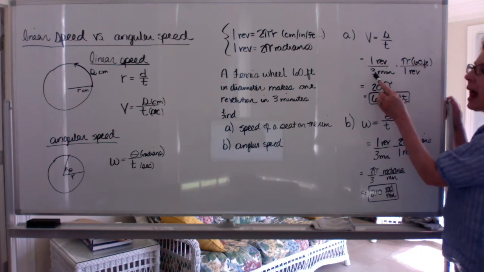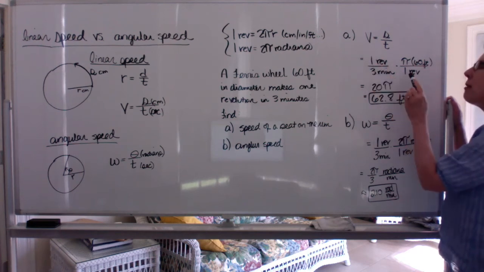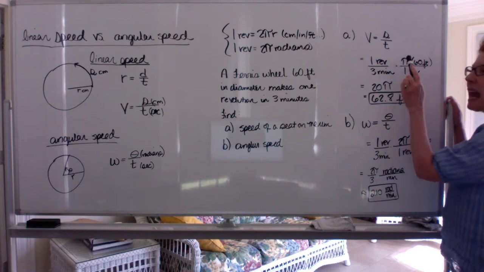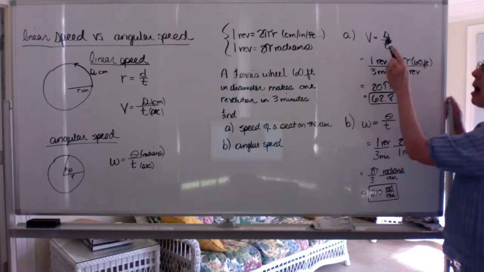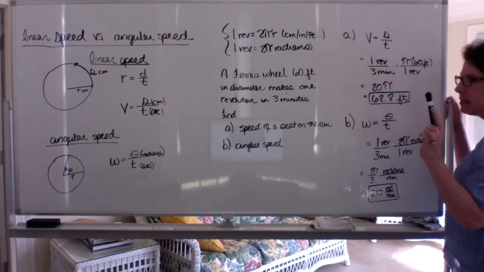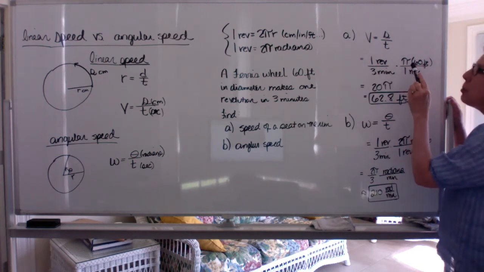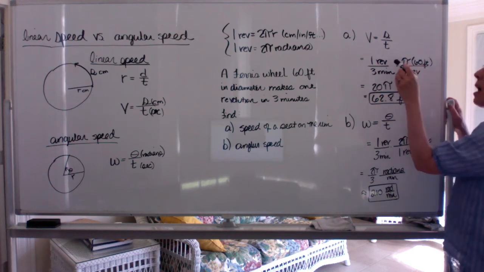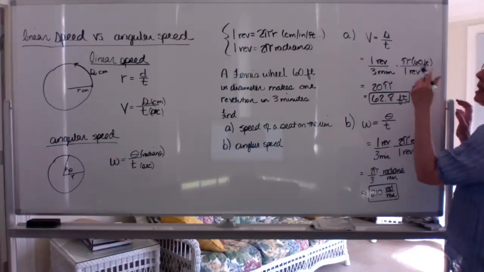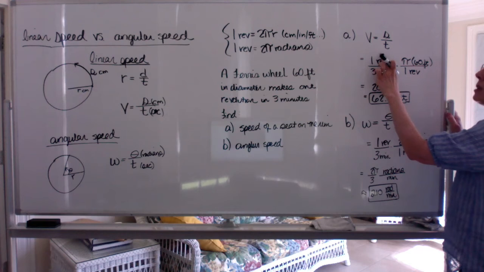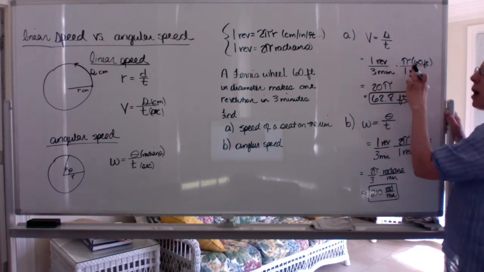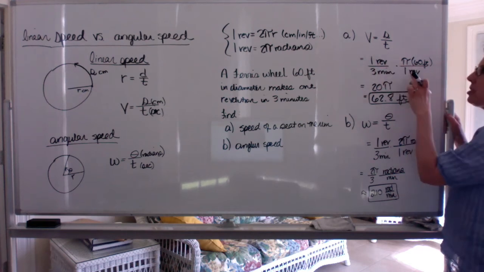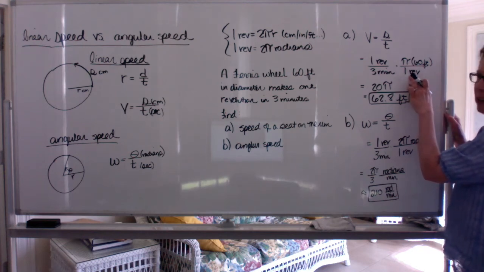All I have to do now is change 1 revolution to a length. And this length, since we're trying to find the velocity, is the actual length, not the angle. So we're going to multiply. Remember unit multipliers: if we want to convert a revolution to a distance in feet, revolutions has to go down below to cancel out, and 1 revolution is 2 pi r feet.